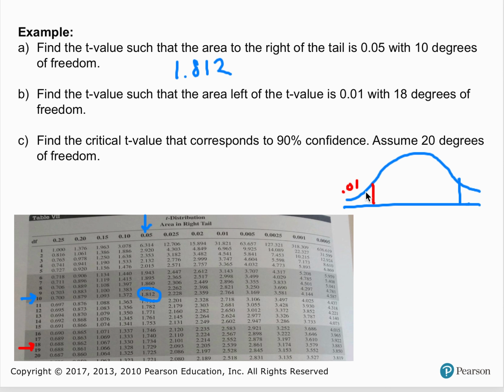Okay, so I want to use that idea again of symmetry. 0.01 over here, because it's symmetric, is what I'm really going to look at, but then I'm going to use the negative value.